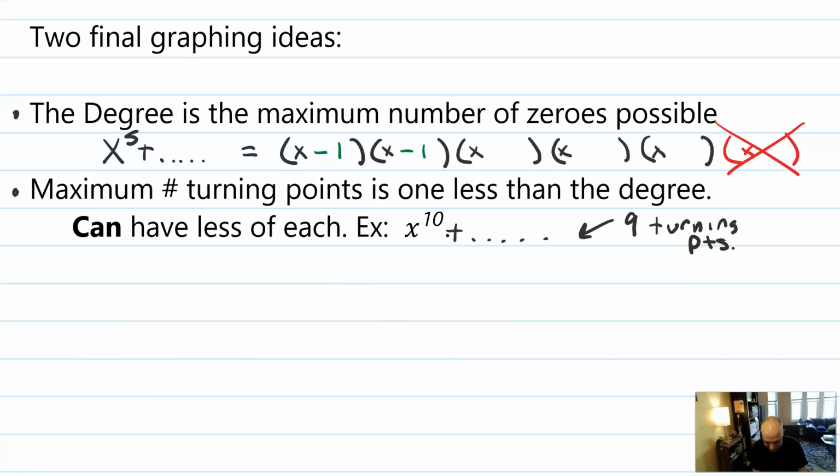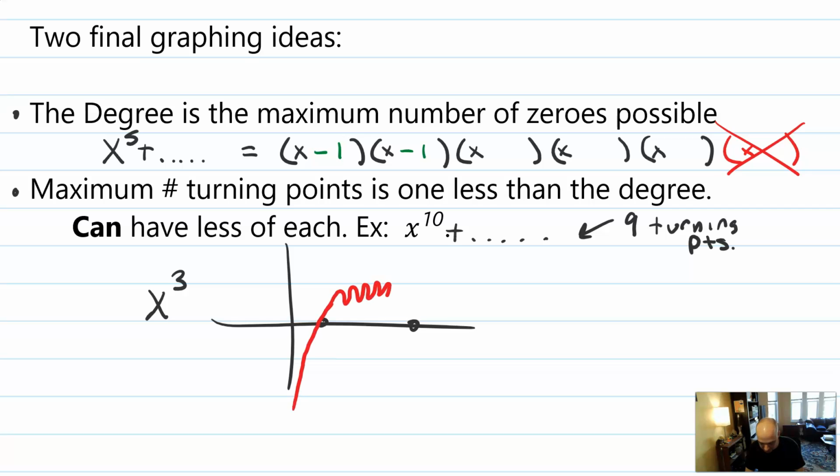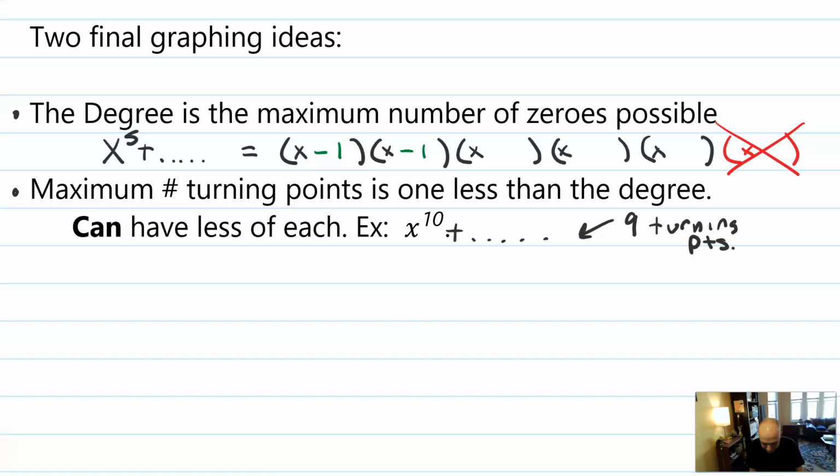But basically what it's saying is if you're graphing an x to the 3rd and you have a couple zeros, don't get fancy and try to go like, well, Mr. Eck, I'm just going to throw some squiggles in there and then finish my x to the 3rd. If you do something like that, that will violate this. Otherwise, though, it's not that good of a fact for graphing, but it is a nice check on your graphs.